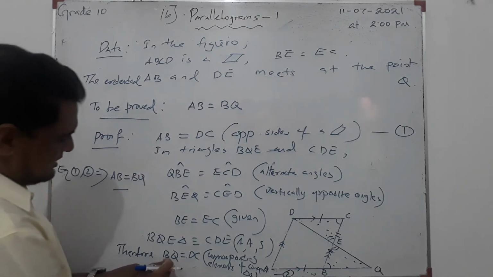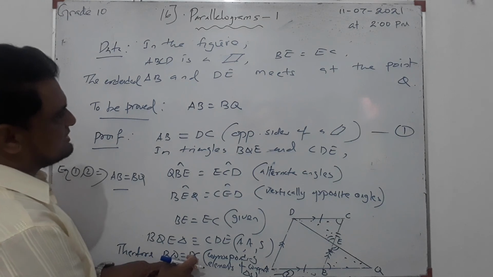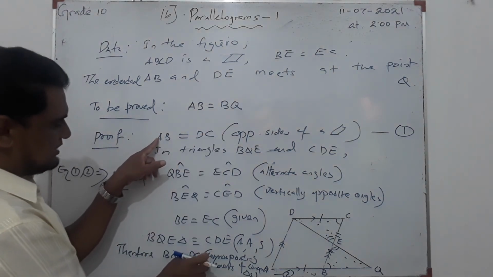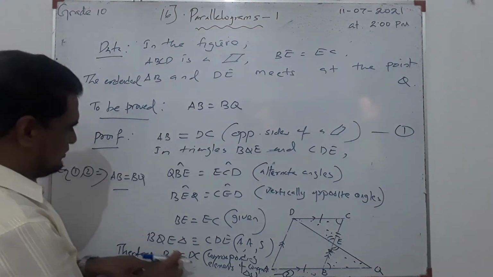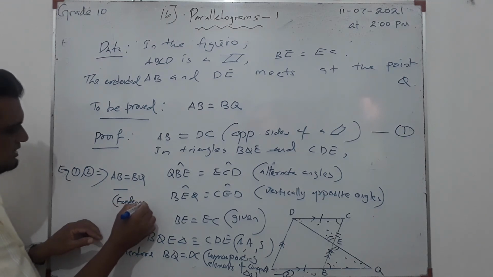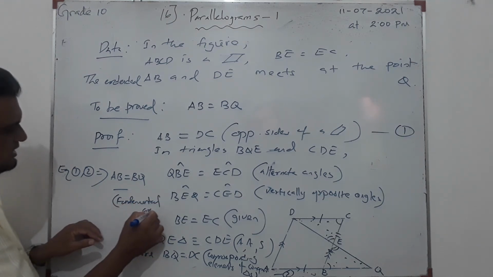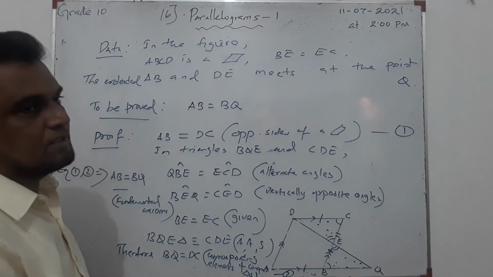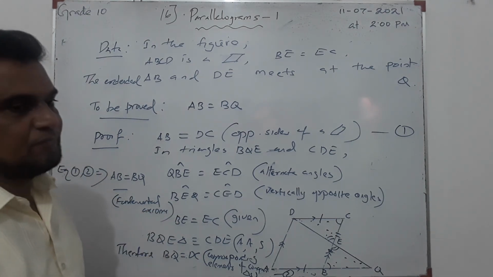Now you see, BQ is equal to DC, AB is equal to DC. DC is the common, so we can come to the decision that AB is equal to BQ. The reason is fundamental axioms.